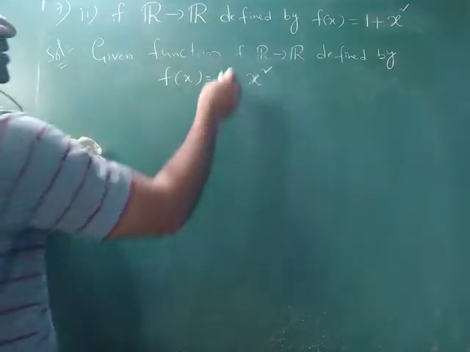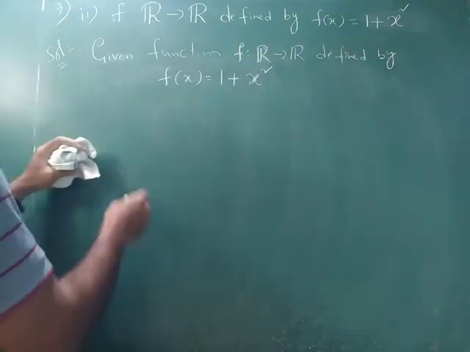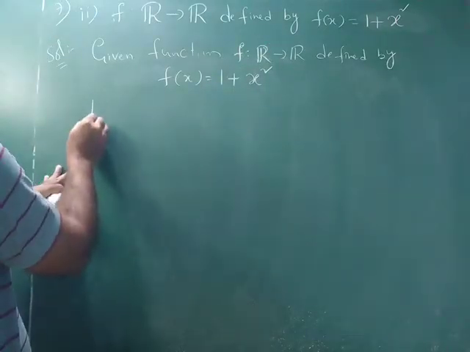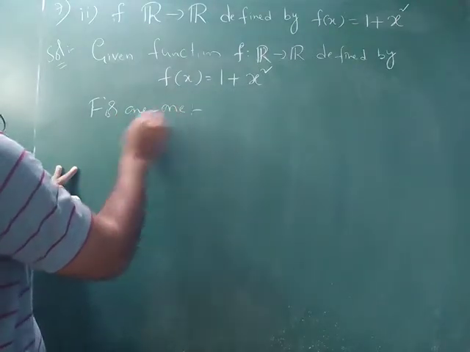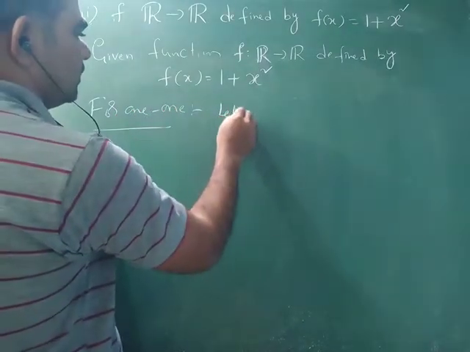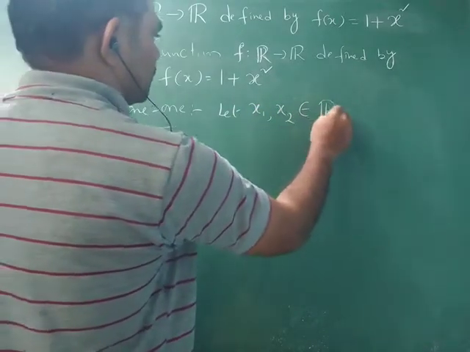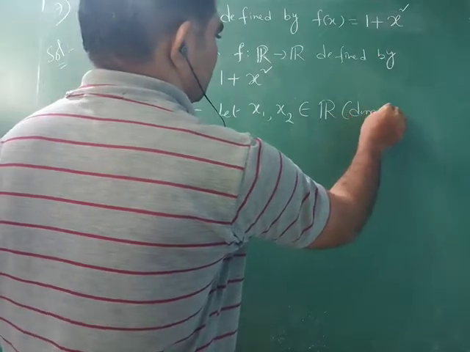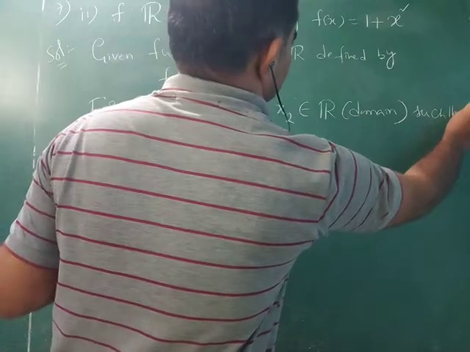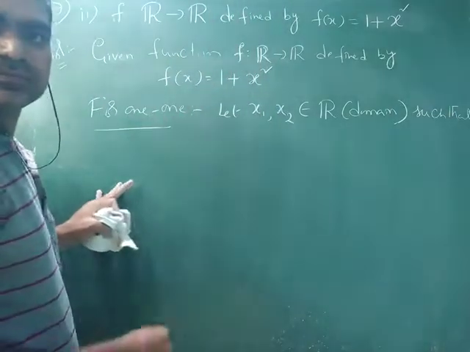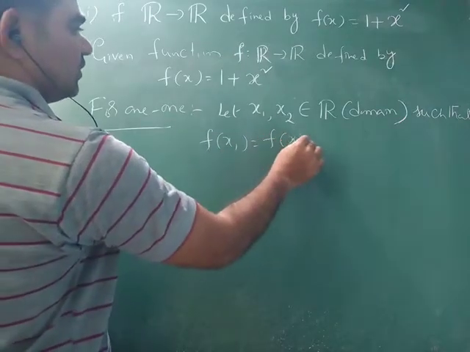For 1 1, let x1 comma x2 belong to our domain such that f of x1 is equal to f of x2.